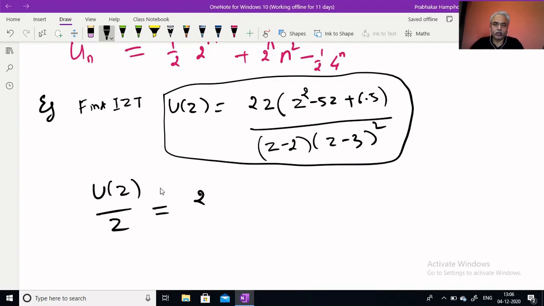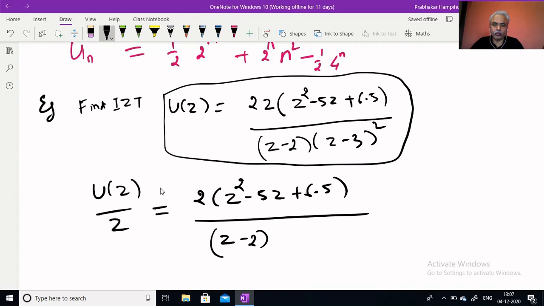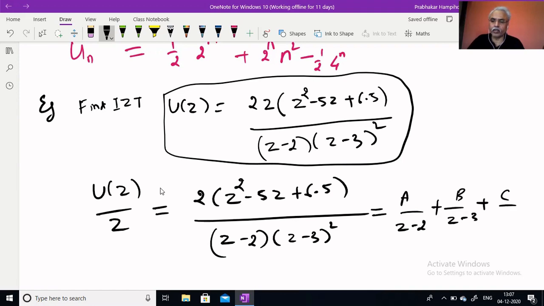This becomes 2 times z square minus 5z plus 6.5 whole, divided by z minus 2, z minus 3 whole square. Of course we can write it like the last time, but I would like to write it as partial fractions: A upon z minus 2, B upon z minus 3, and for the repeated factor, C upon z minus 3 whole square.